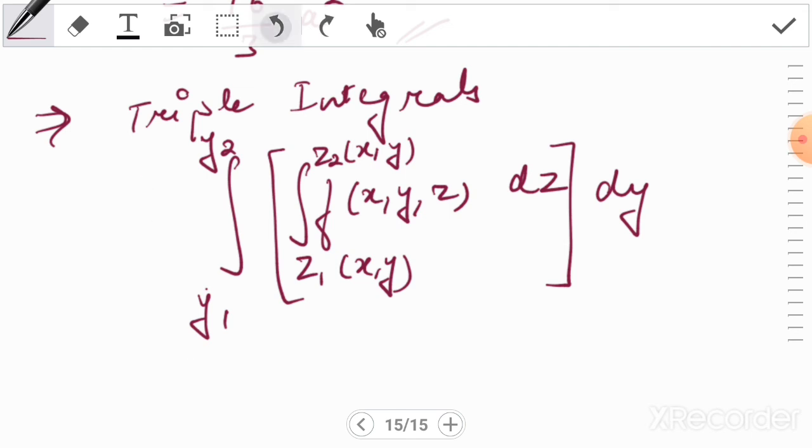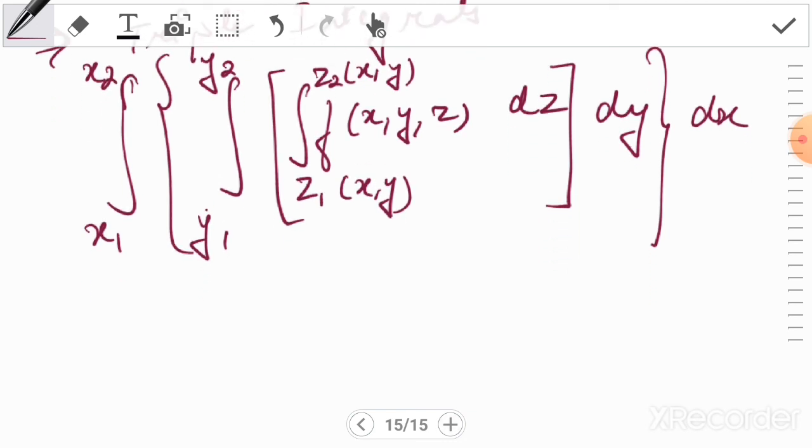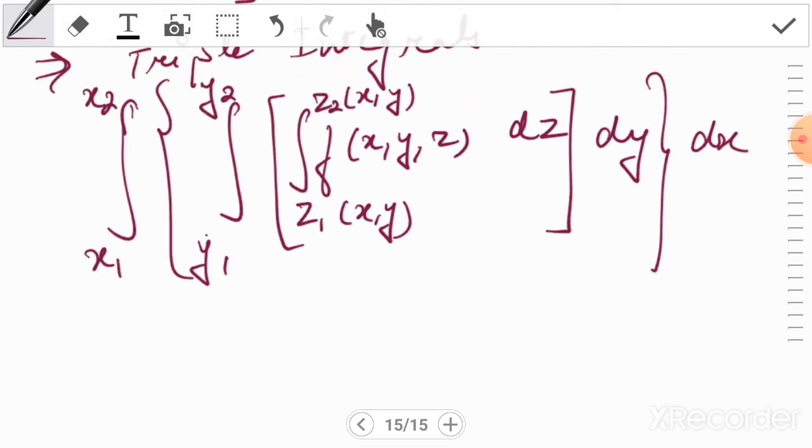Then the result obtained is finally integrated with respect to x from x1 to x2. So integration is carried out from the innermost to the outermost bracket. And the order of integration may be different for different types of limits.